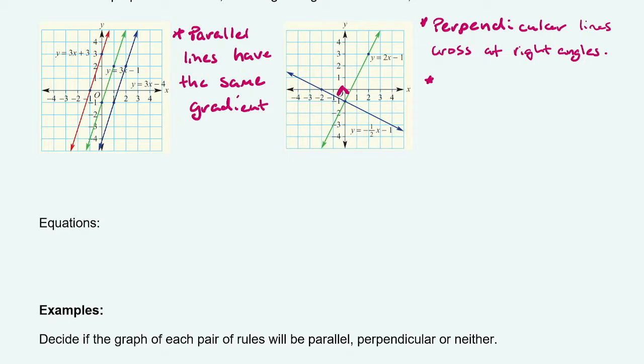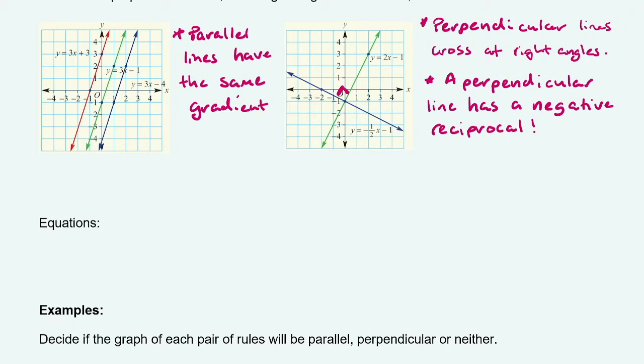So a perpendicular line, and we will be saying that word quite a lot, has a negative reciprocal. And that word reciprocal just basically means upside down. So how we write it is M2, our second gradient, is negative 1 over M1.